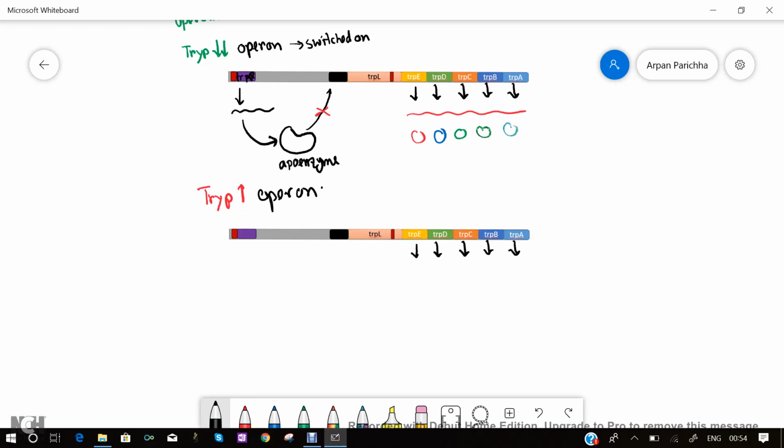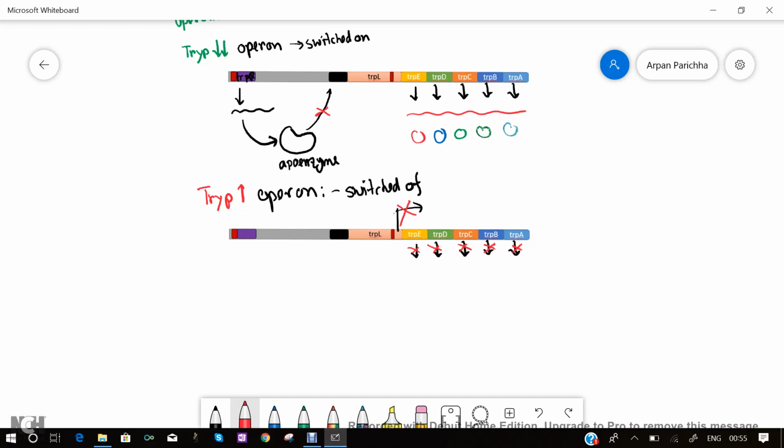Whenever the operon is switched off, transcription from all these genes is turned off. So none of the protein products are produced, and as a result, none of the enzymes that convert chorismic acid to tryptophan are made, so the conversion doesn't happen.